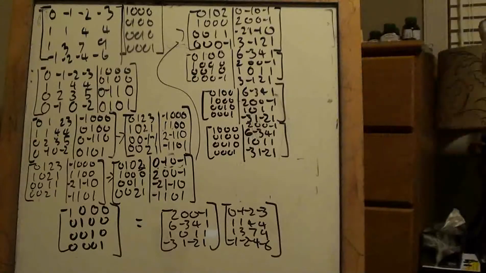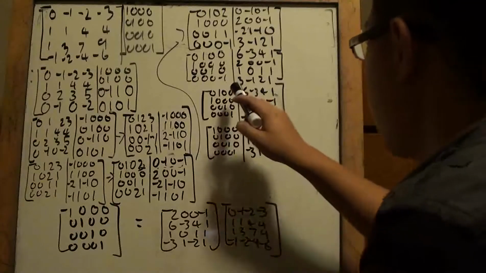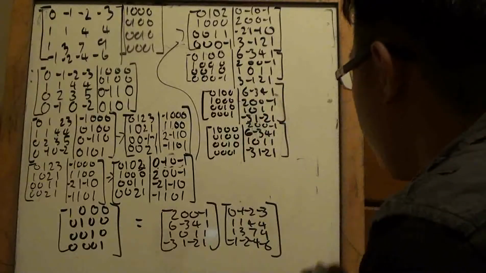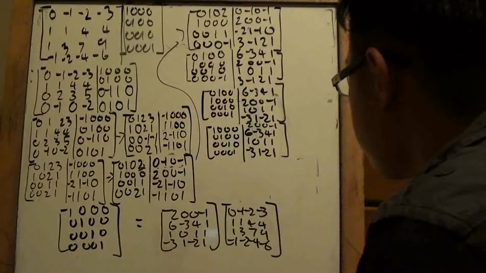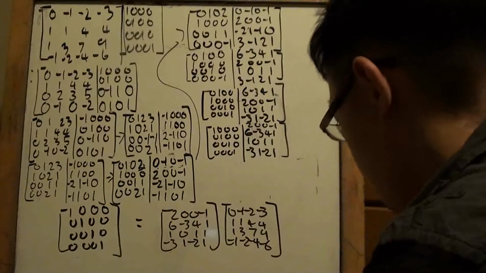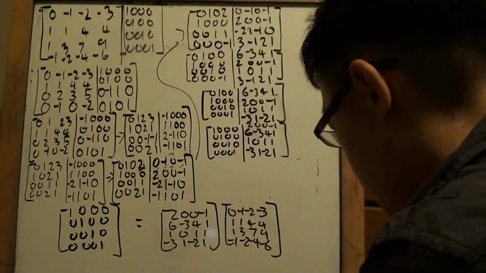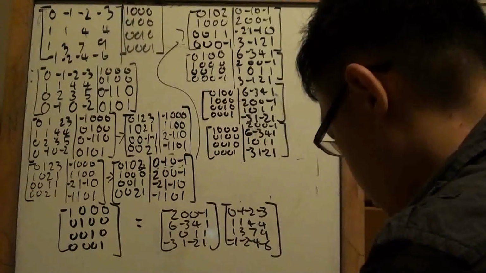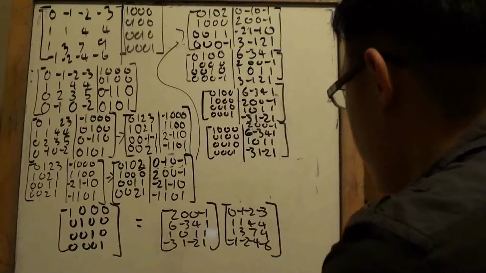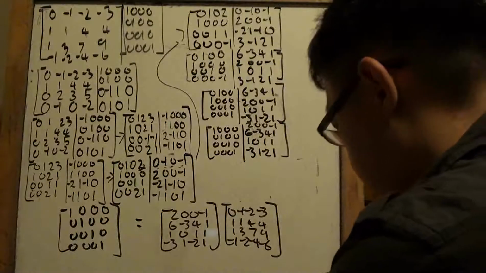Okay, hold on a sec. So, no, wait, hold on a sec. So, 1, negative 2, negative 1. Okay, so, yeah, I think I made a mistake.